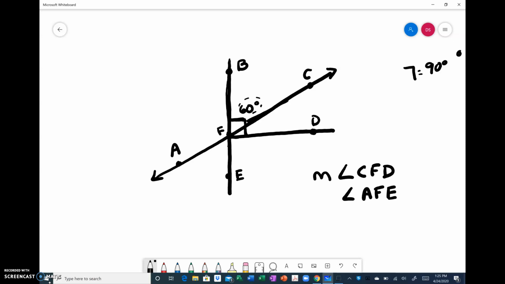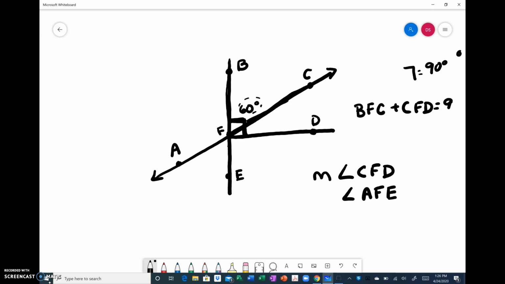So how can we find the measure of CFD? Well, we know that BFC and CFD will form a 90-degree angle. There's a term for angles when added together make 90 degrees. What is that term? It's complementary.